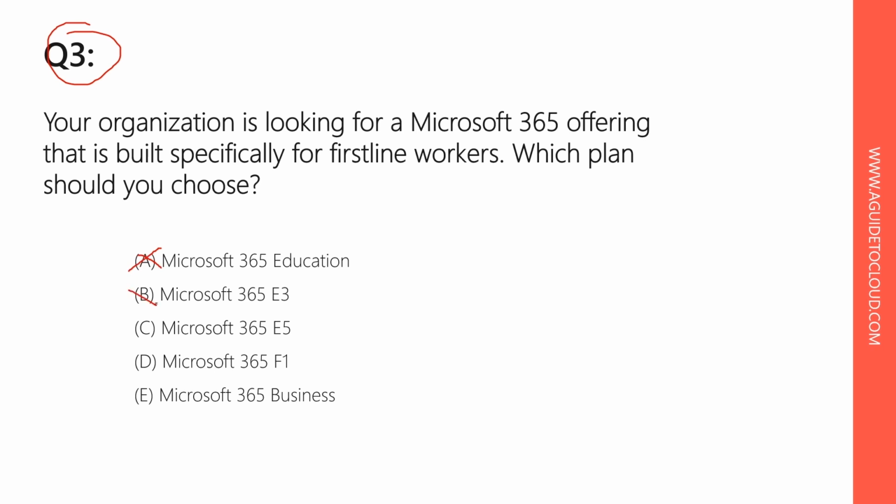E3 is definitely not for first line workers because it is more advanced and for medium and larger organizations. E5 includes all the advanced security features and is targeted at larger organizations. Microsoft F1, definitely yes. F1, or first line, is a licensing program specifically catered for first line workers.